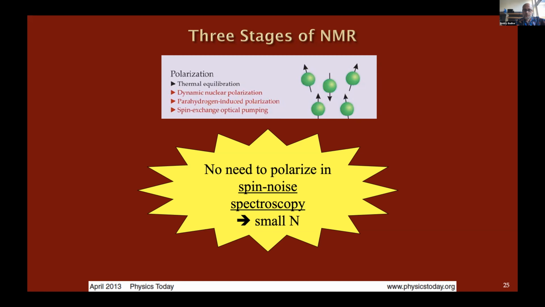So just do absolutely nothing and your sample is polarized. How can this be? Well, imagine that there are n spins and you randomly make them up and down, each one. So if you have n of these, you will get an excess of spins polarized in one particular direction over the opposite one of about square root of n, because it's just statistics.